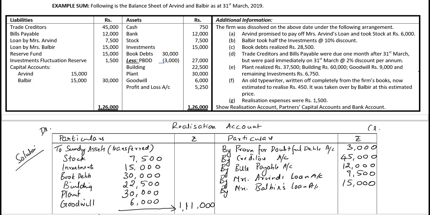There's an investment fluctuation reserve, a reserve corresponding to the asset of investment. So we'll transfer that also to the credit of the realization account. 1,500.